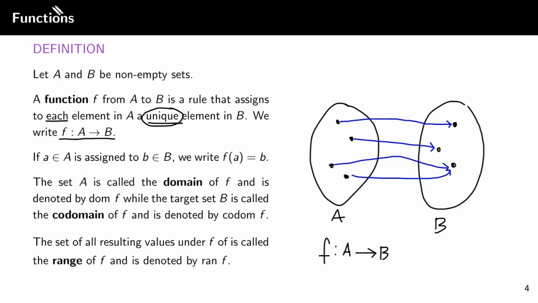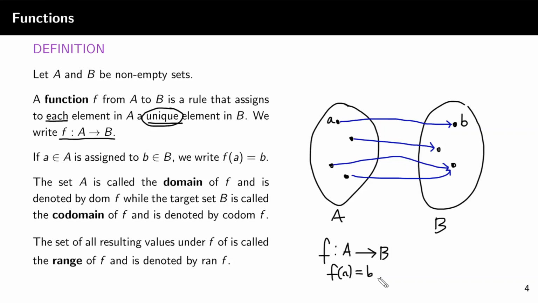So, if I have an element called, let's call it small letter A, inassign ko siya sa small letter B, which is this element. Okay. Then, I write it like this. F of A is equal to B.